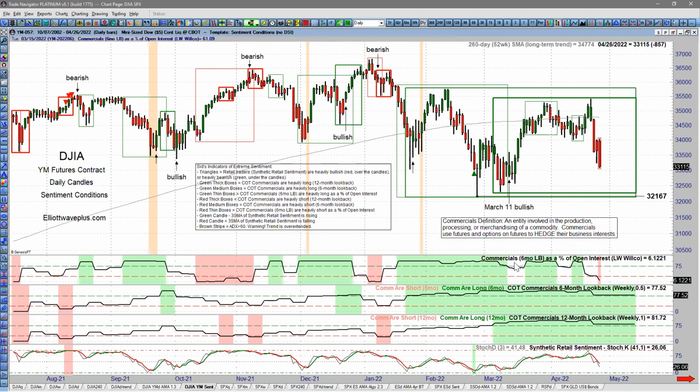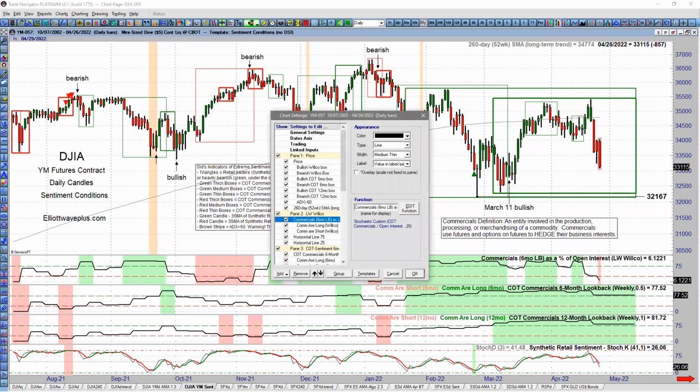By the way, this is Larry Williams' Wilco indicator. He actually published the code back in 2005 in a book.